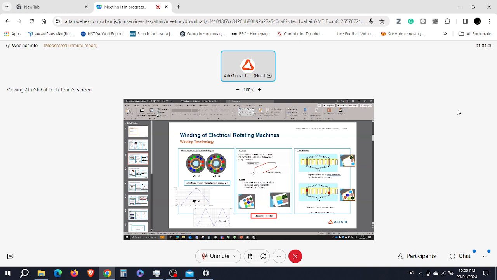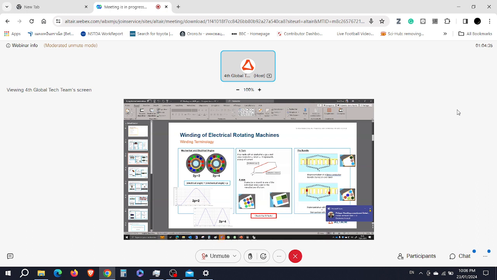But in the case of a 4-pole machine, when I turn the rotor one turn from 0 to 360, then I will see it 4 times. Then I will actually have 2 periods. In one mechanical period, I have 2 electrical periods. This is really something we have to keep in mind when we deal with electrical machines.